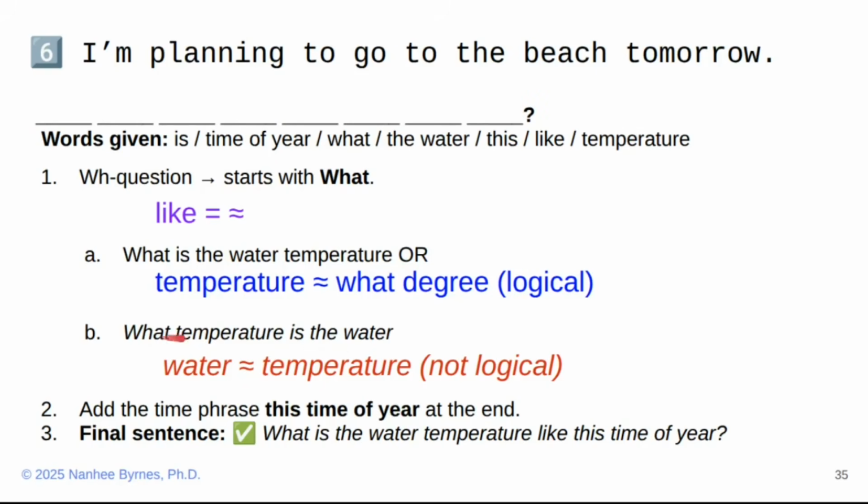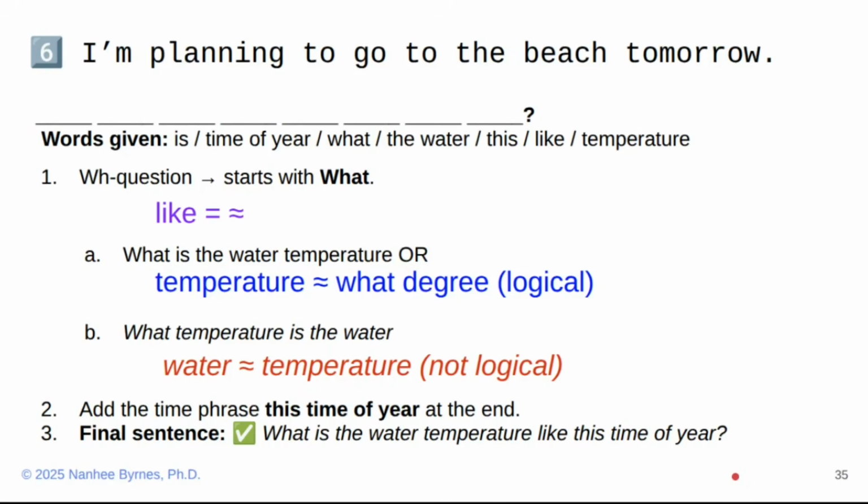This structure is basically saying water equals temperature, which is illogical. On the other hand, "what is the water temperature like" makes perfect sense. Here, the subject is water temperature, and "like" asks for a description: warm, cold, or somewhere in between. Finally, we add the time phrase "this time of year" to complete the question. Correct sentence: What is the water temperature like this time of year?